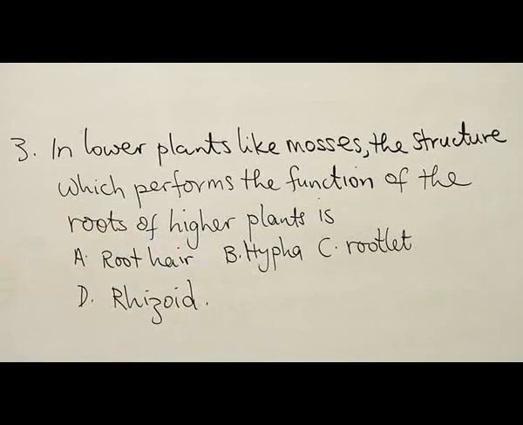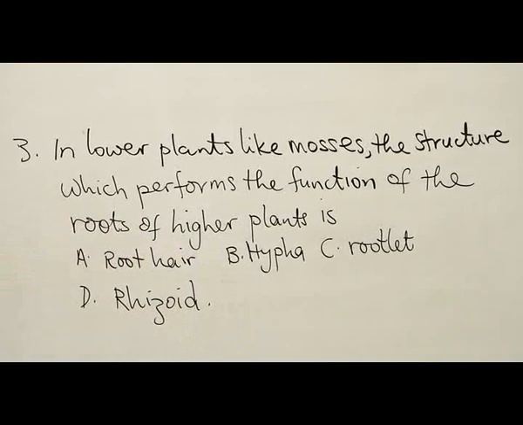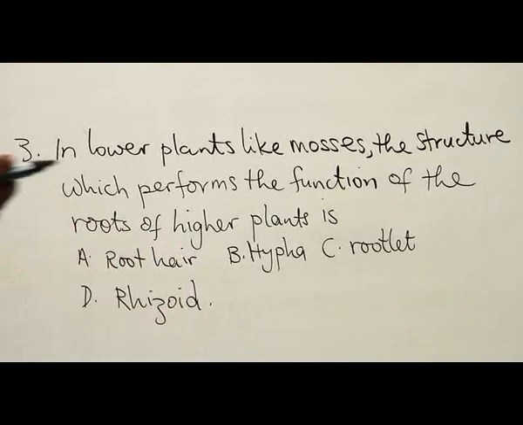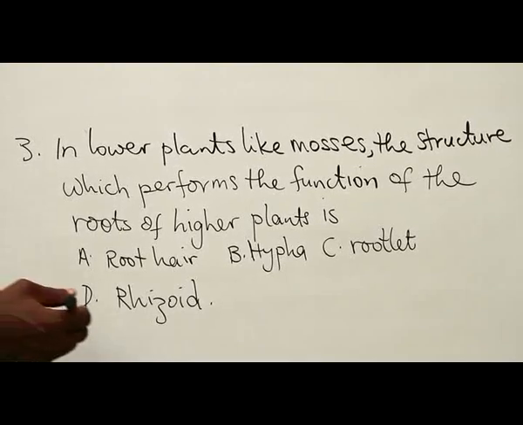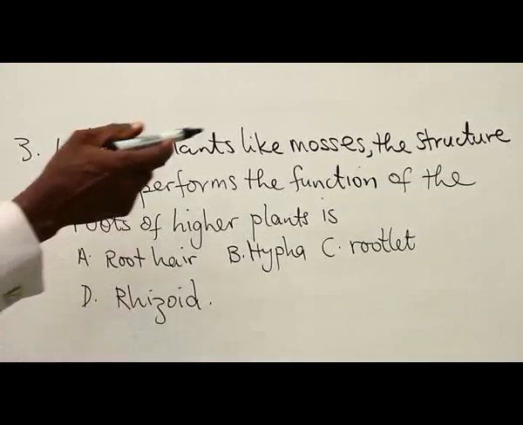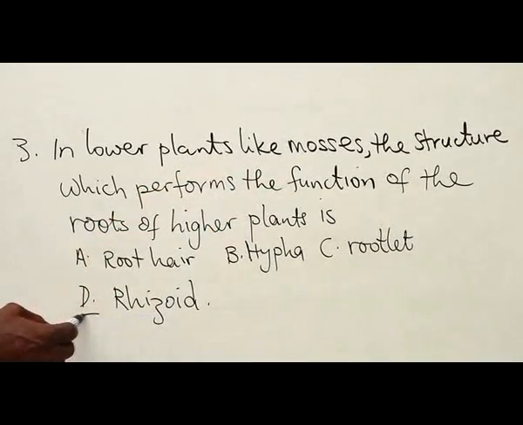Hypha is just a vegetative part of fungi. The rootlets are the secondary roots or tertiary roots. So the actual answer here is rhizoids, because they specifically mention moss here as well. So the answer is rhizoid.